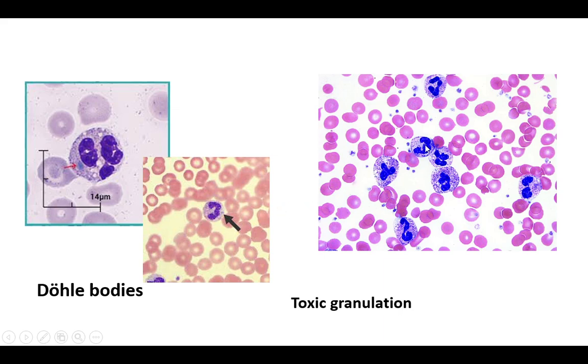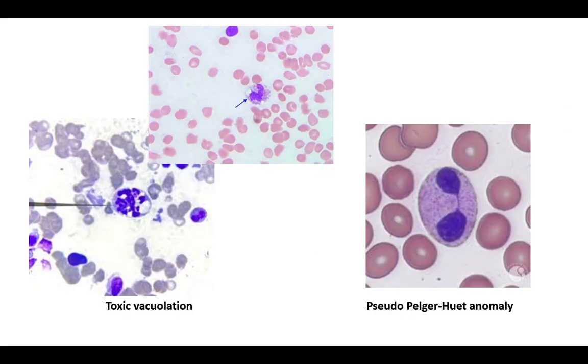Toxic granulation is one of the most important features, especially in bacterial infections. You may commonly see toxic granulation in the neutrophils. Similarly, toxic vacuolation, you may see large vacuoles in the neutrophils.